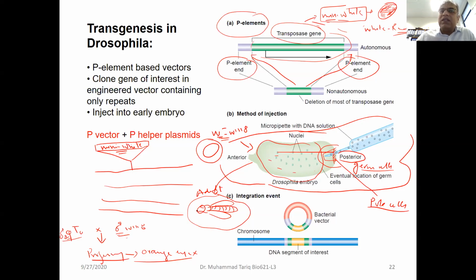When we cross this adult with again white 1118, in the progeny chances are we see orange-eyed flies, because the germ cells which are injected here will be passed on through gametes. Fertilization will take place, and only in the progeny we will see orange eyes.